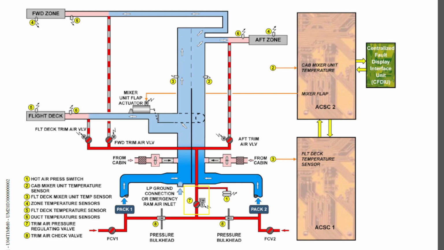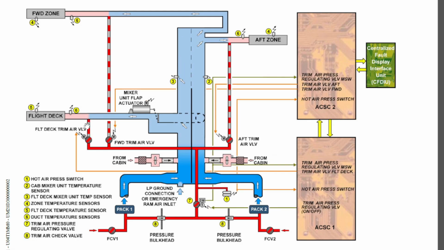And there's another thing about this trim air pressure regulating valve. You can see that here there are 3 ducts, one duct leading to the flight deck, another duct leading to the aft zone, and the other duct leading to the forward zone, and you have temperature sensors here.